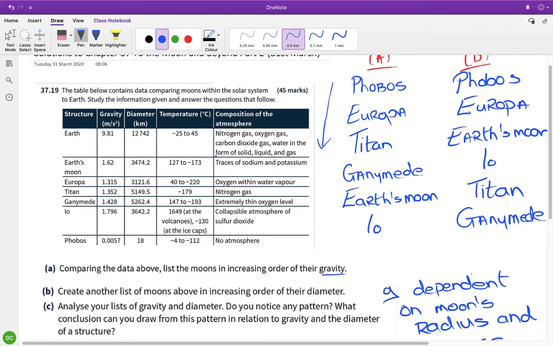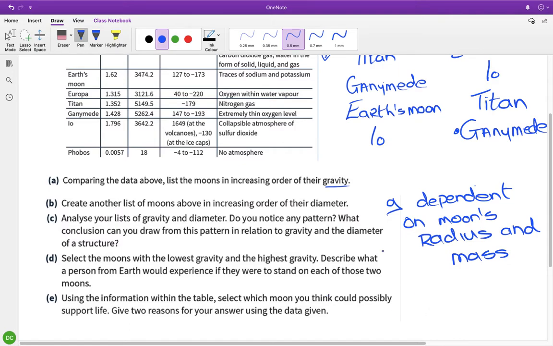So you can look at this and say that Ganymede here has a big diameter. Because it has the biggest diameter, you'd expect it to have the smallest gravity, but that's not taking into account the fact that it's probably pretty heavy. So you've got two things battling each other there, the radius and the mass.